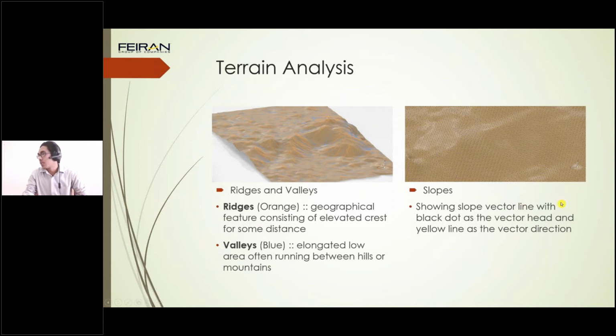We can see that there are some black dots appearing on the terrain, and each black dot has its own yellow line representing the direction of the vector or the slope. Okay, combining these two analyses, we can do further terrain analysis. I will show it in a later slide.